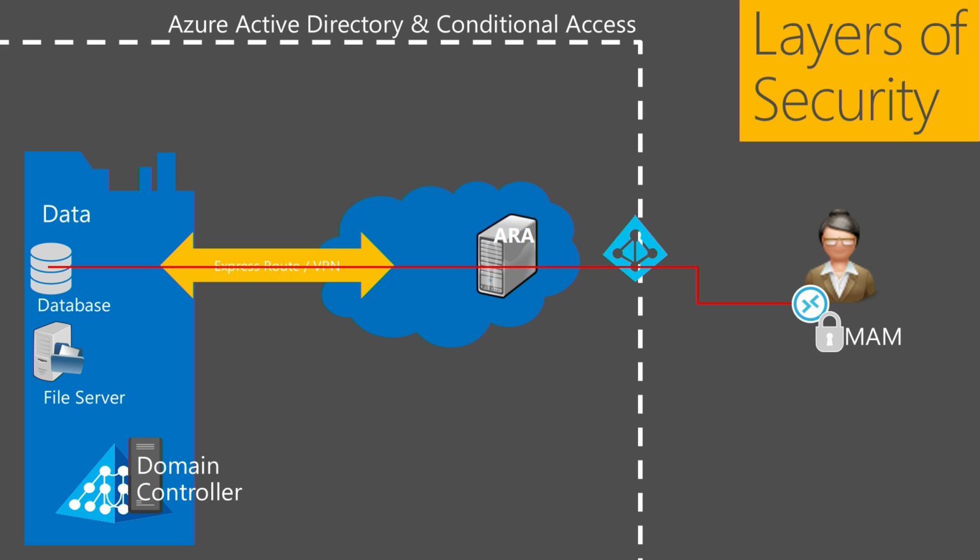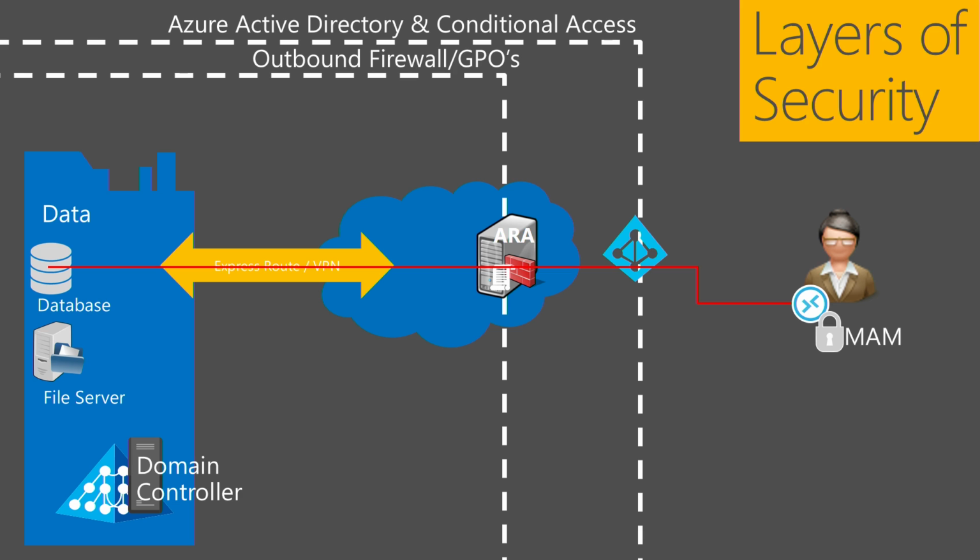So if you're using Intune, you can set policies to say I don't want access on an unmanaged client, only on a managed client. There are various MAM policies that could be applied. That's another layer, and all of that is because of conditional access through Azure Active Directory.